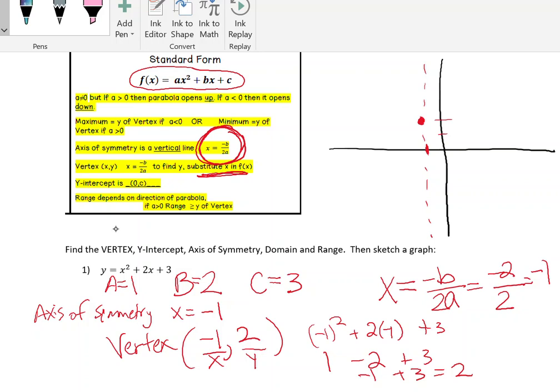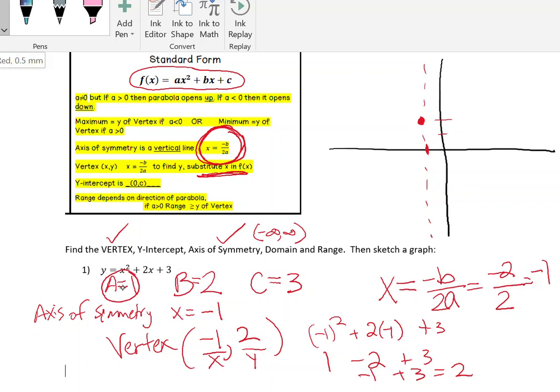So we found the vertex and we found the axis of symmetry. The domain is always negative infinity to positive infinity, or all real numbers. The range is dependent on if the parabola opens up or down. And we know if the parabola opens up or down by looking at the a value.